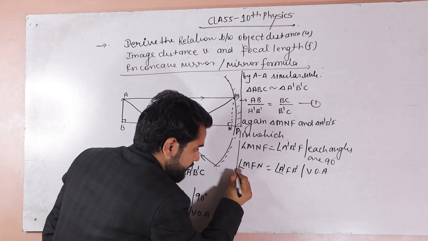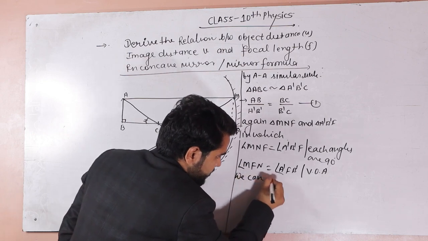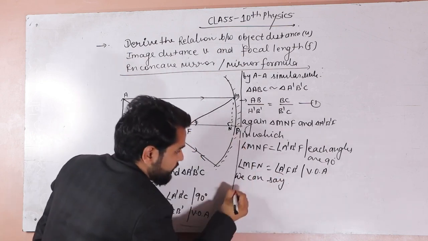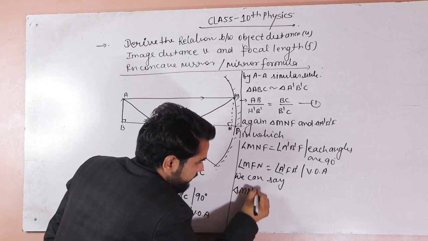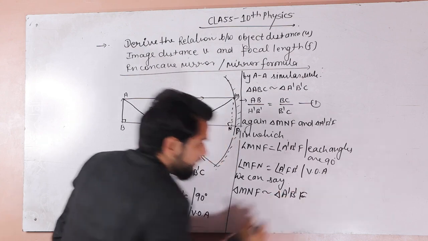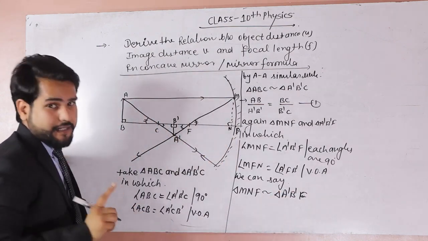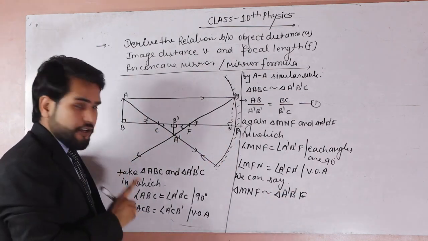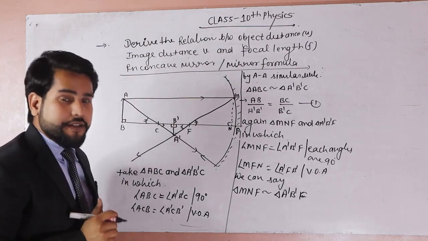So we can say triangle MNF is similar to triangle A dash B dash F. And again, if two triangles are similar, then their corresponding sides are in the same ratio.